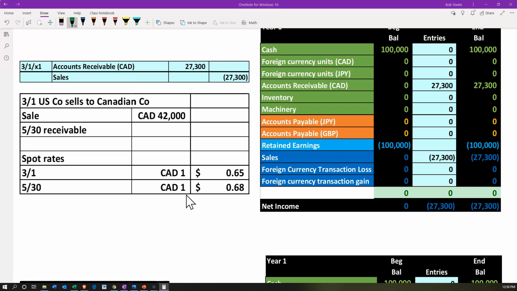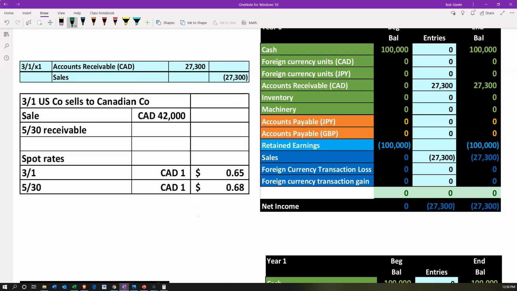But we're going to be phrasing it in terms of Canadian dollars because that's what we're going to get paid in. So we're going to get paid in Canadian dollars, which just got stronger with relation to the US dollar, which is good for us because we've already been committed to get that money, and that's now going to be given to us in a stronger currency. So that's going to be a gain.